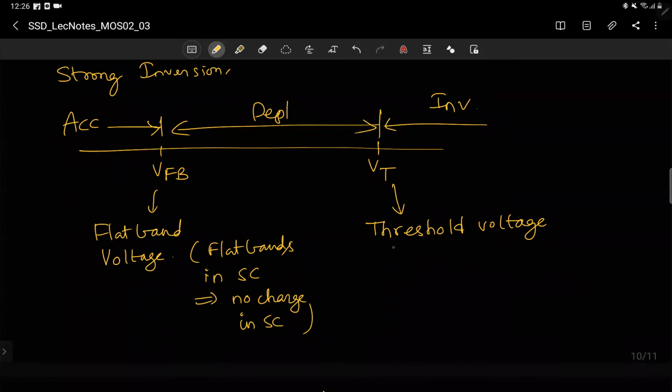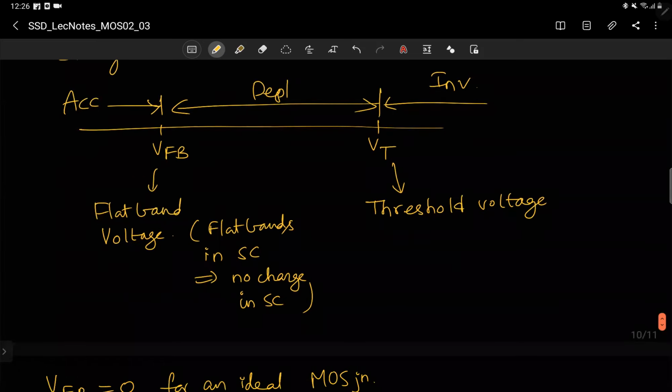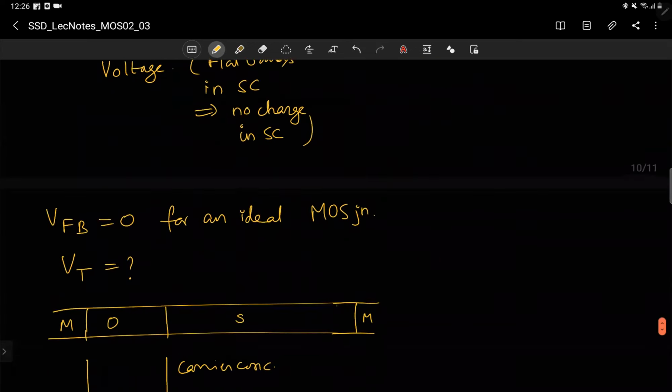Why it is called threshold voltage, we will understand when we talk about IV characteristics of a transistor, or even when we go into plotting CV characteristics. So two voltages, three regions of operation, two limits: flat band voltage and threshold voltage. Let us derive equations for them. VFB equals 0 for an ideal MOS junction.